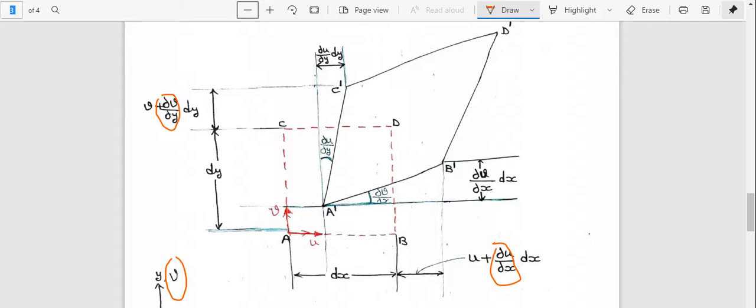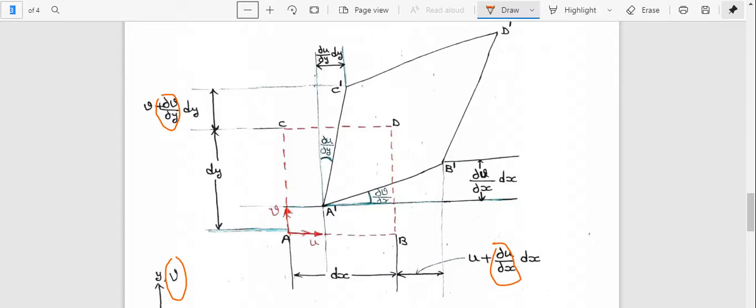Point C moves to the right, along the x direction, so I am considering the displacement value ∂u/∂y times dy with respect to point C. In the deformed area, A becomes A dash, B becomes B dash, C becomes C dash, and D becomes D dash.